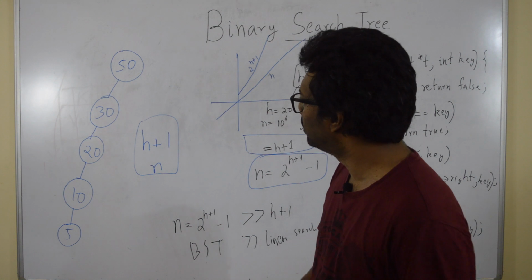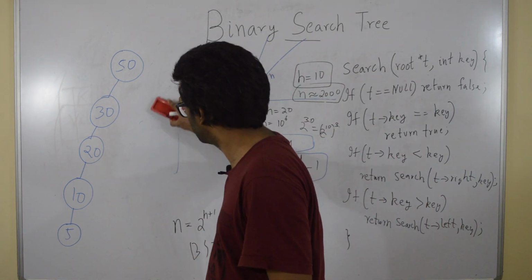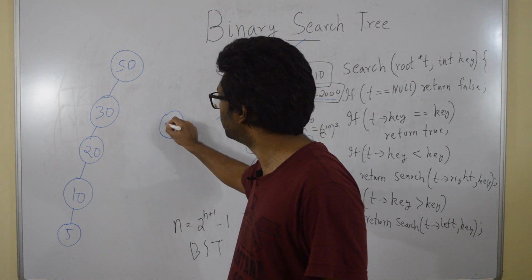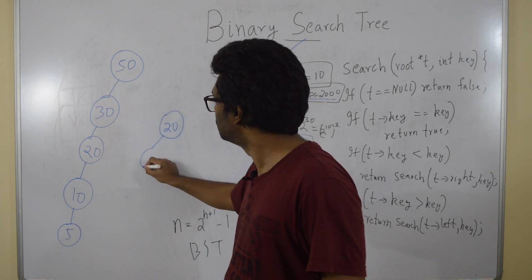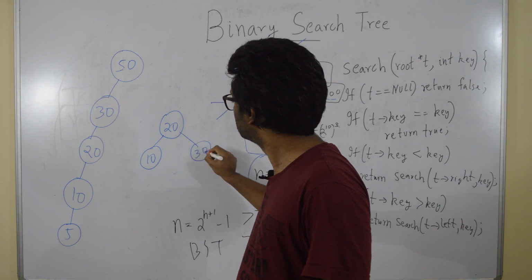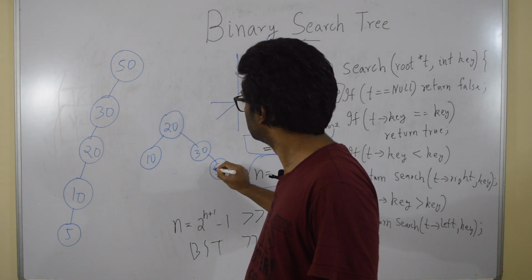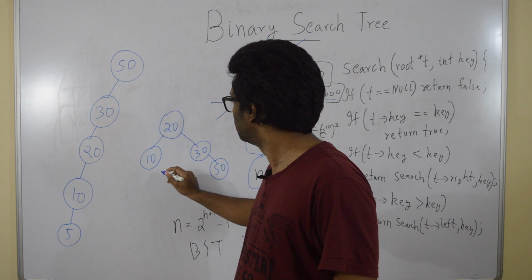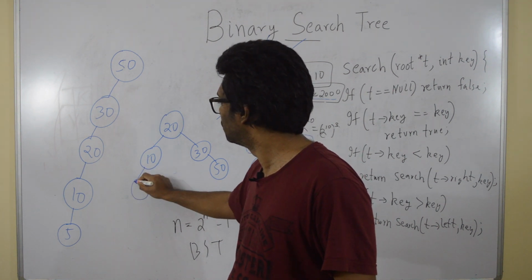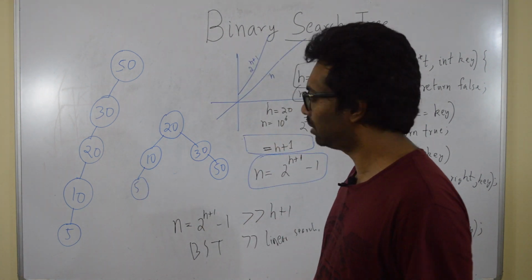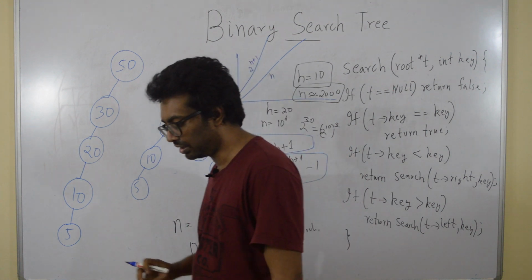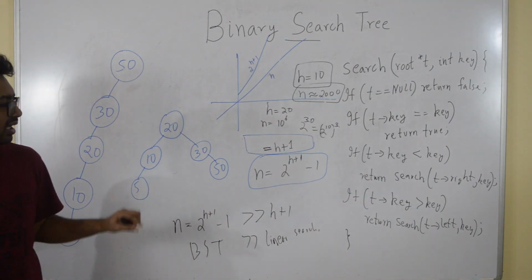For example, I could have had the tree like this: 20, 10, 5. This is for a smaller tree. It has the same numbers, but it's arranged differently.